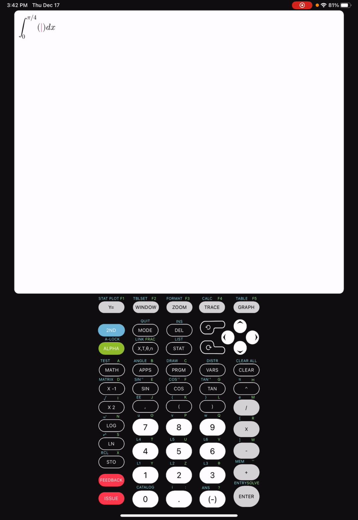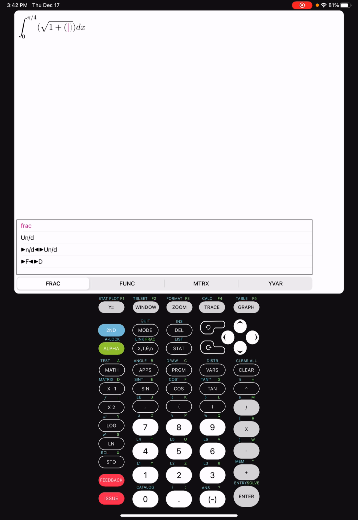And my original function is the square root of 1 plus the cotangent. Remember, cotangent is 1 over tangent, which means my sine over cosine is going to flip over. So instead of sine over cosine, it's going to be cosine of x.